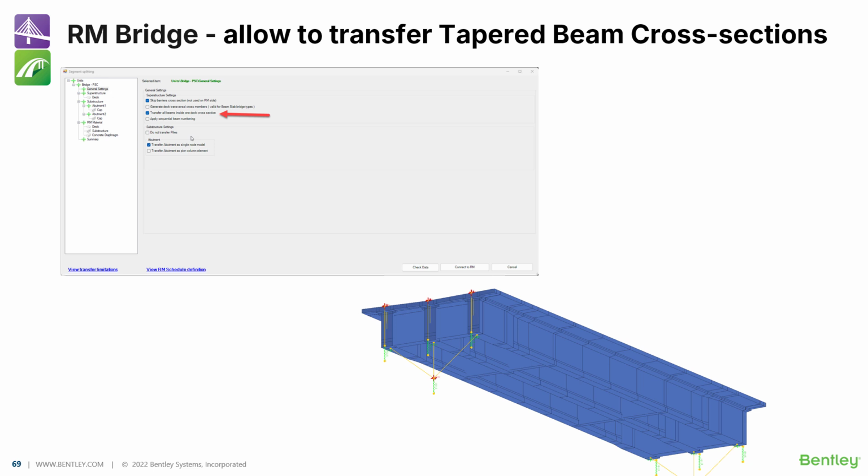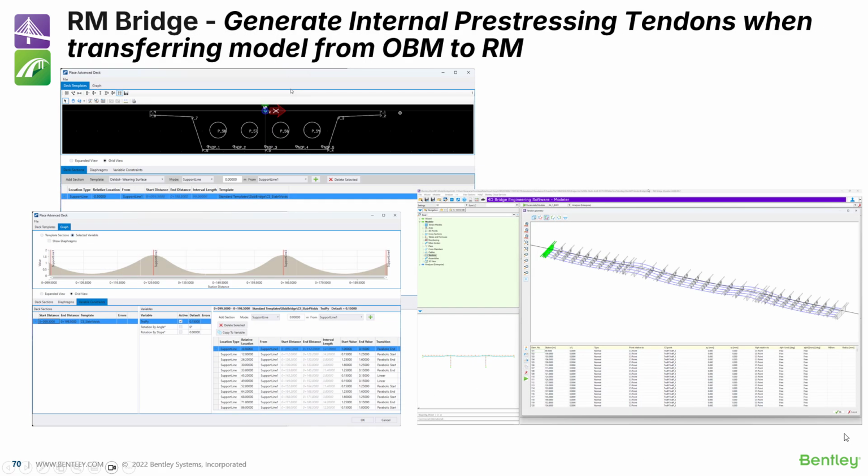For RM, we have multiple enhancements as well. First, we allow the transfer of tapered ring cross-sections coming from OBM to RM. We can also generate the internal pre-stressing tendon layouts when transferring from OBM to RM.